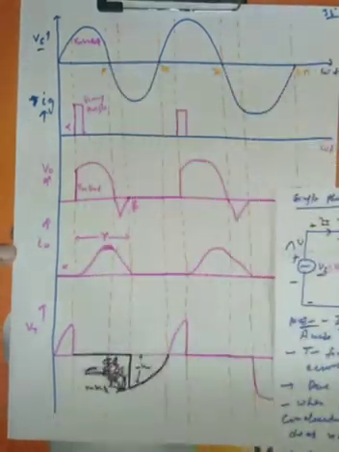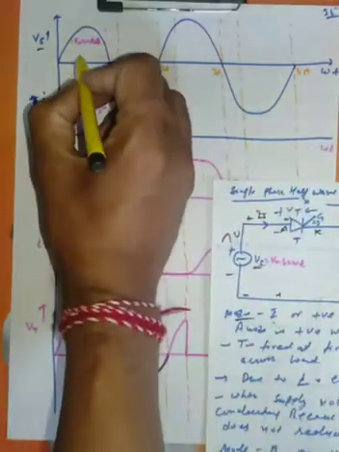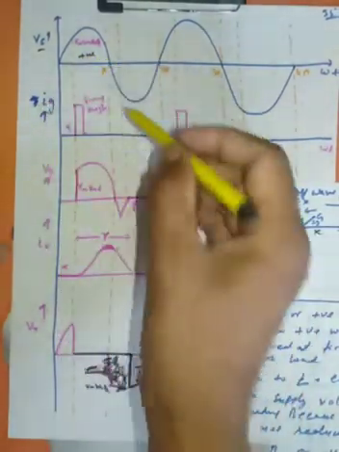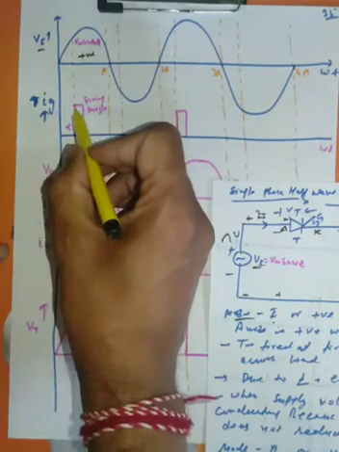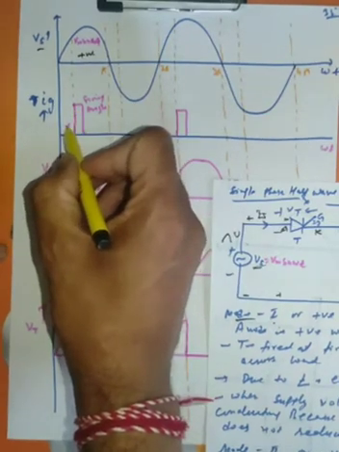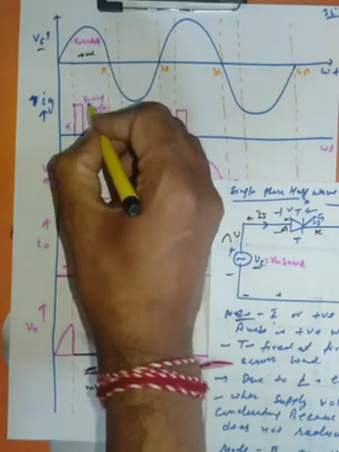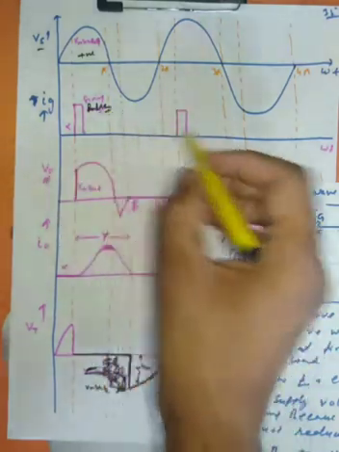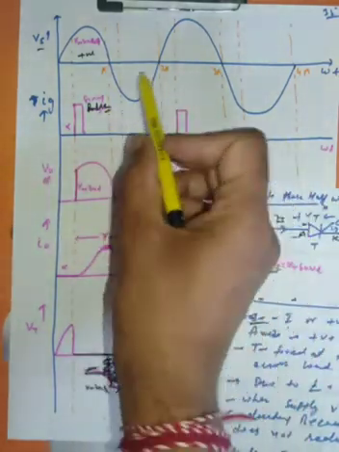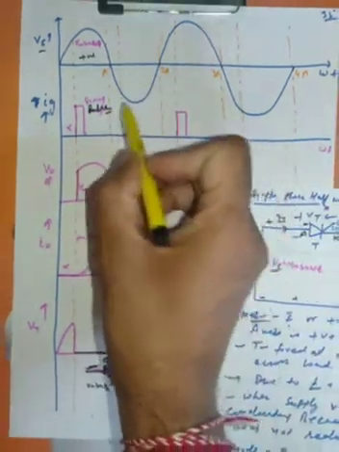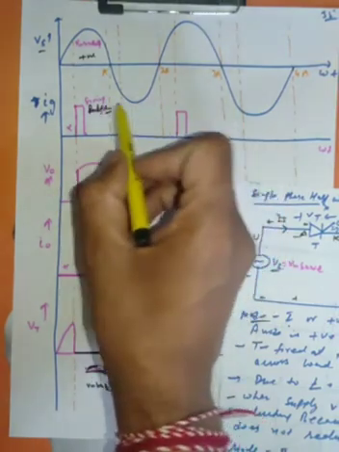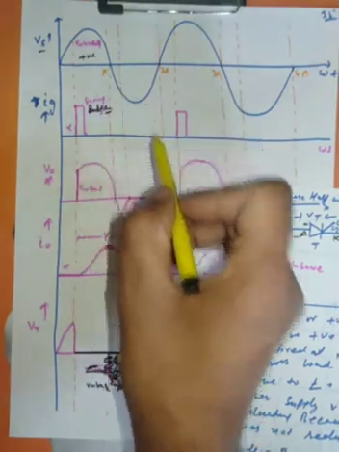These are the 5 parameters. During the positive half cycle of the input voltage, the gate pulse is given at the angle alpha, the firing angle. During the negative half cycle there is no gate pulse, because the half wave controlled rectifier works only for the positive half cycle.